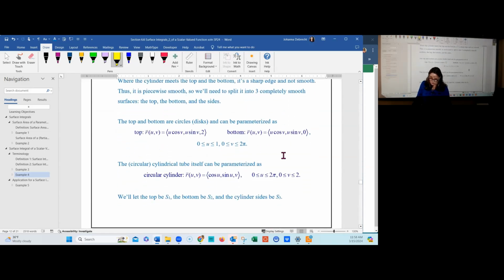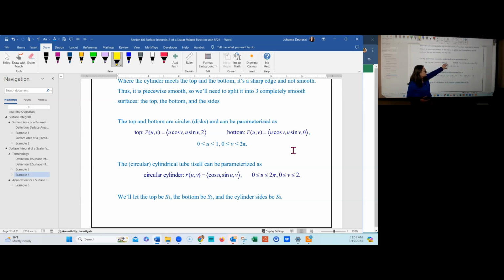Here are the ways that we parameterize the top and the bottom and the sides. Since the top and the bottom are circles, we can parameterize those using basically polar coordinates at a particular height. So r cosine theta, r sine theta, where r is u and theta is v.